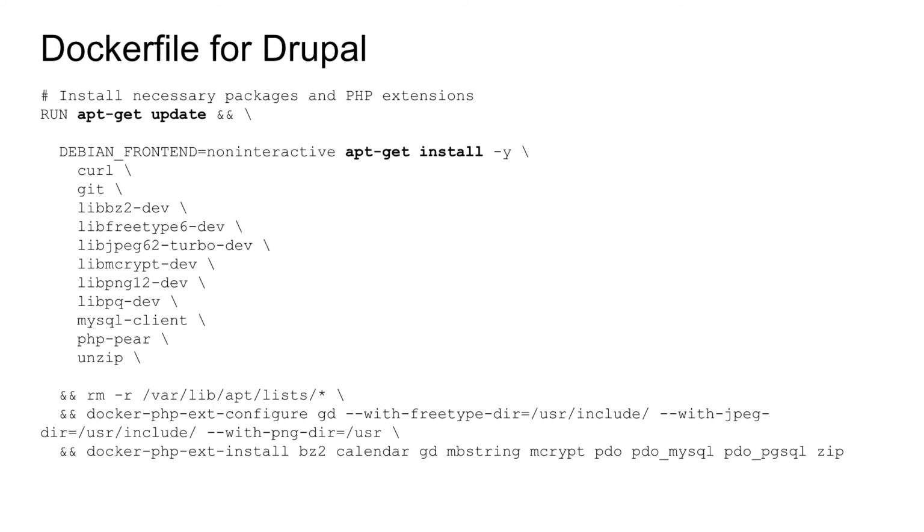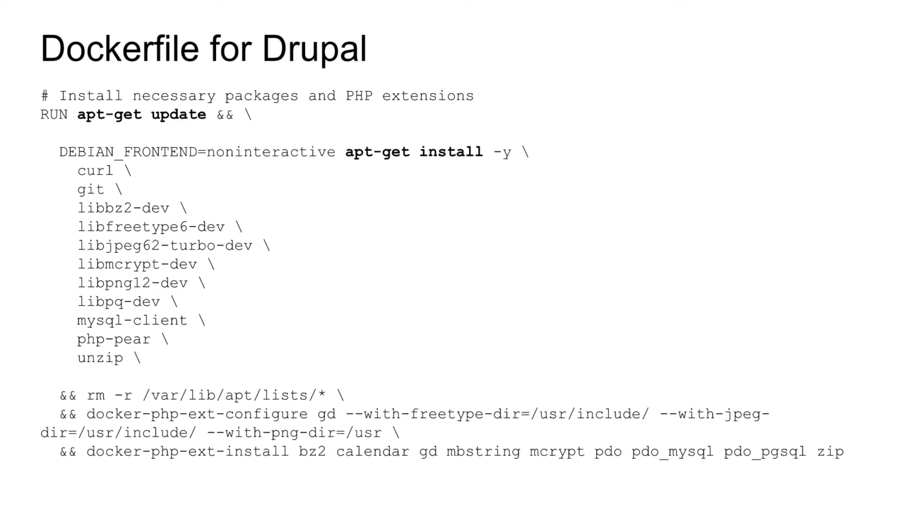In the next line, we deal with some of the packages we need for Drupal to run. So we run apt-get update so your base OS gets all the necessary repositories, and then you have apt-get install, where you install a bunch of packages that you need. And Docker comes with a couple of useful scripts that let you install PHP extensions.